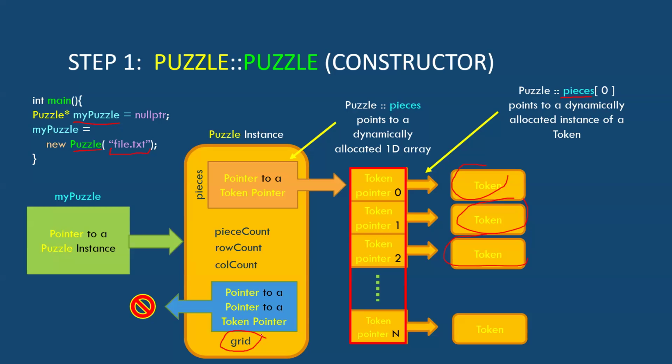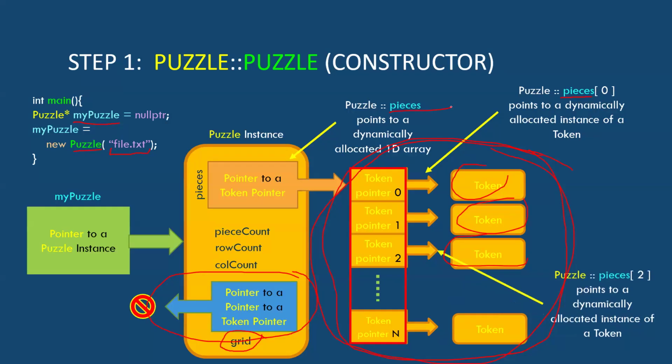We're going to talk about that in a second. But your constructor's job is just to create this part right here. We'll do the grid with a separate method in our puzzle class. A lot of people try to do both of these things at the same time. Just go easy on yourself. Do the constructor first and just load up the pieces array.